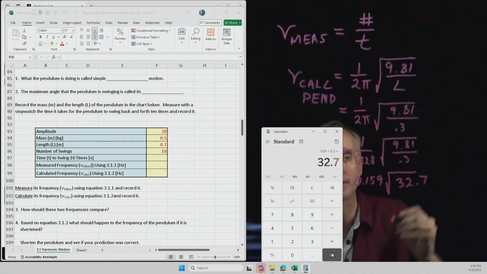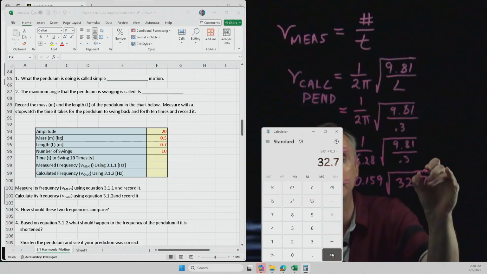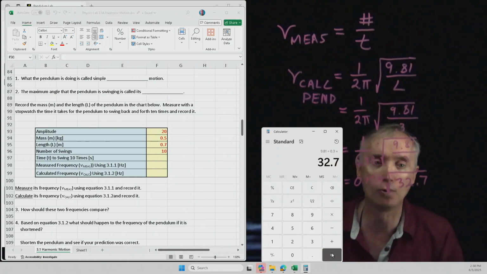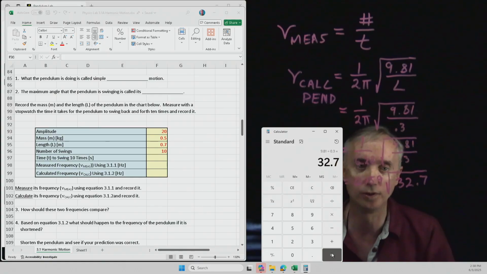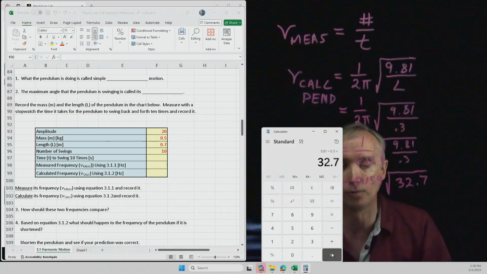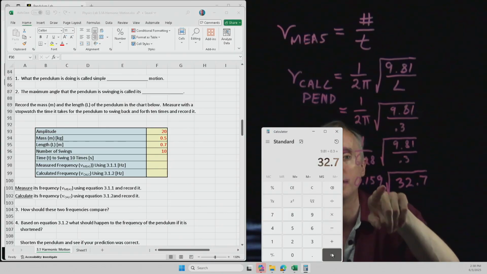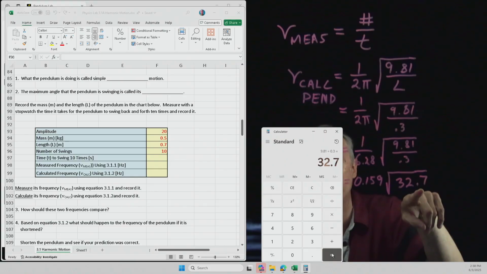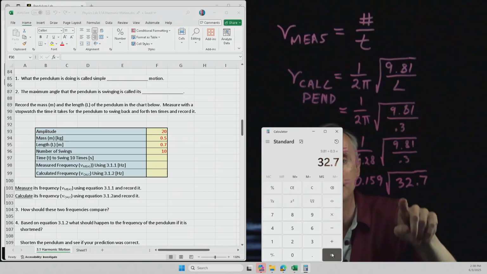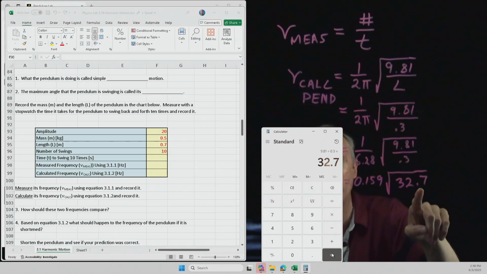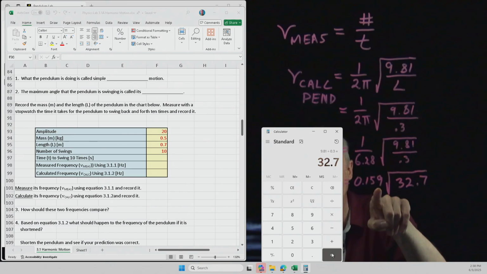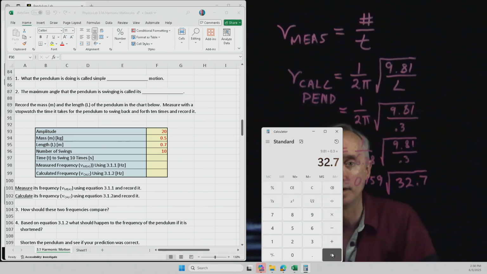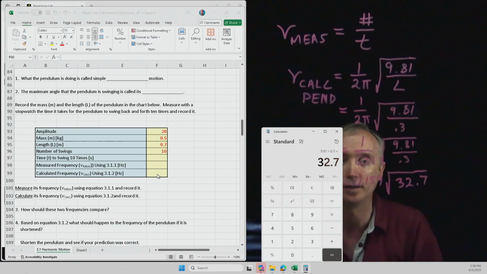Okay, now I got to take the square root of that number. So there's an order of operations when you're doing this that you have to obey, otherwise you mess things up. So take the square root of 32.7, and then times that number there, and then that will be the calculated frequency that you're going to put down here, and then that would be in hertz.